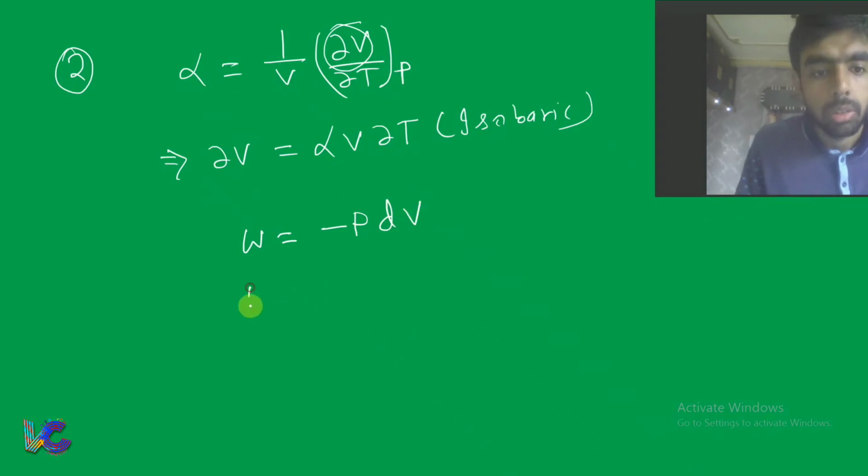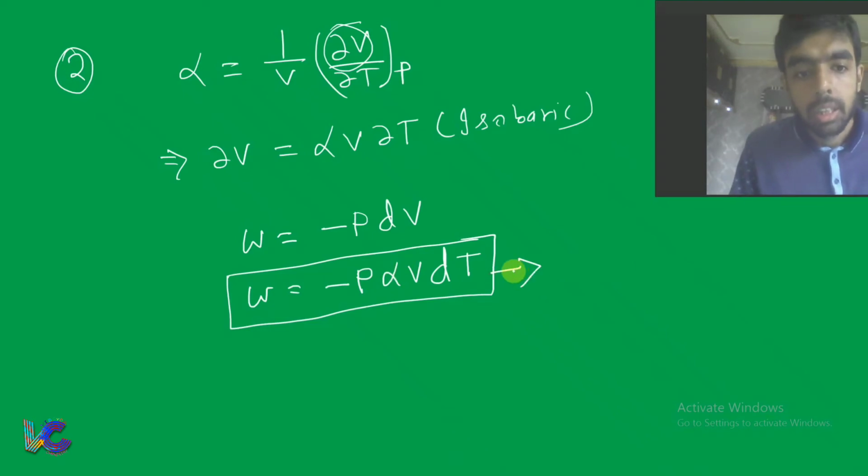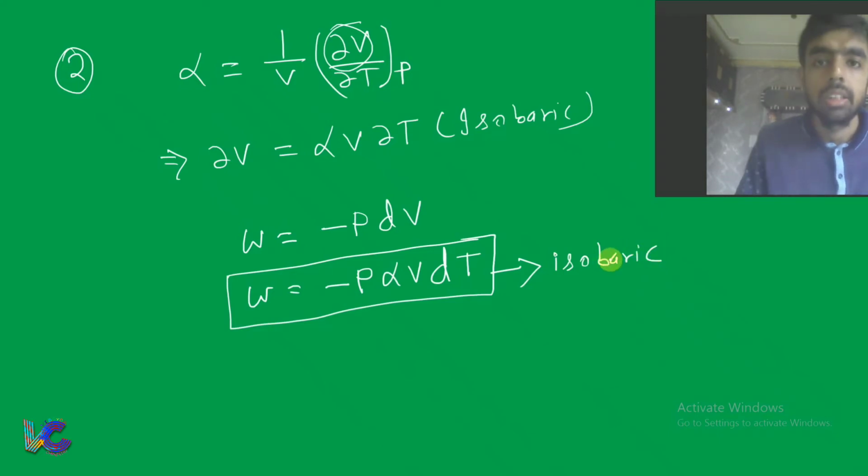You know this. So work will be minus P dV, meaning minus P alpha V dT. So you can also find out the value of work by using the value of alpha. That means the expression is W is equal to minus P alpha V dT, and the condition is isobaric condition. That means by using the value of alpha, we can also calculate work.